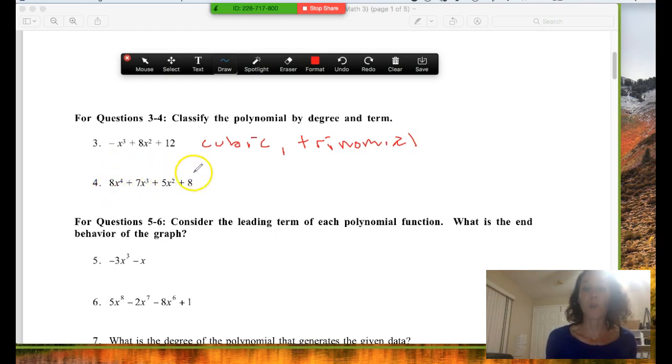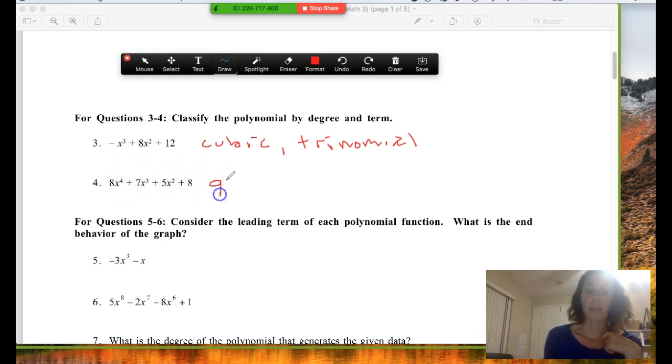All right, let's look at this one. This one has 4 terms, and it's also a degree 4. So the degree 4 would be the quartic.